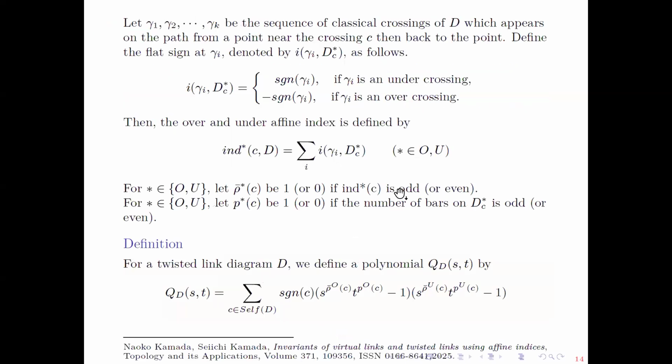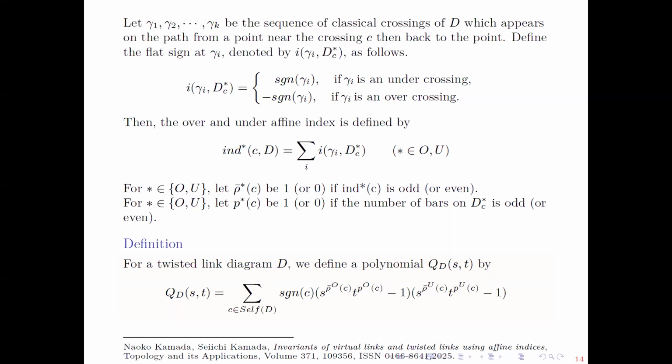These are the indices of the crossings. How do we compute them? For any component, whenever you encounter an overcrossing, take the negative of the sign. If you encounter an undercrossing, the sign remains the same, and take the sum. That's how we calculate the index.